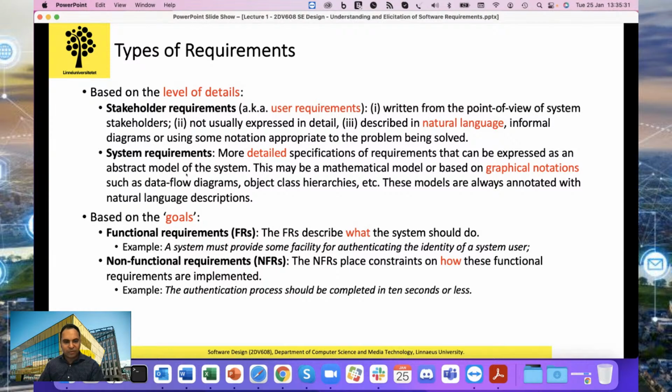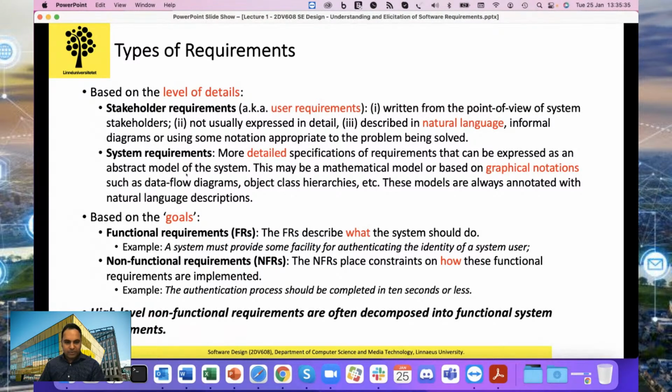Those are non-functional requirements. I will give an example maybe in the next slide, but usually high-level non-functional requirements can be decomposed into functional requirements.